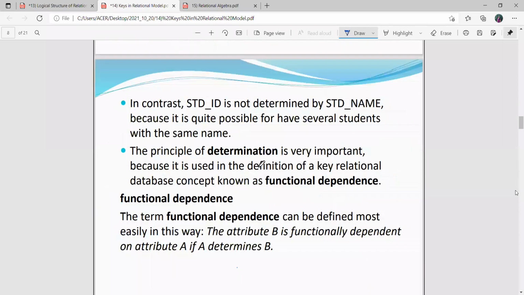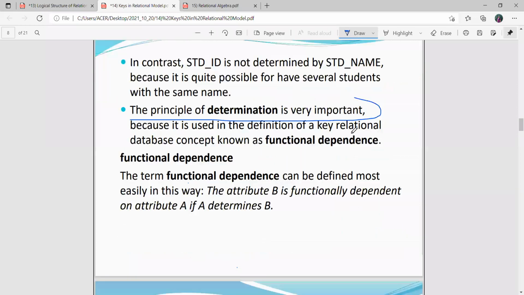Okay, when we consider this determination, we can divide it into two categories, the functional dependence and the fully functional dependence. The principle of determination is very important because it is used in the definition of a key relational database concept known as functional dependence.